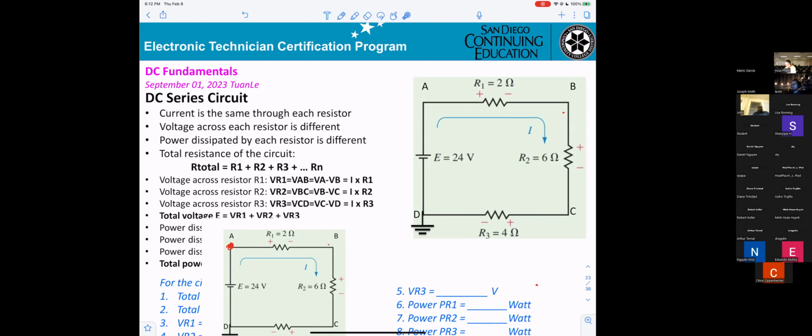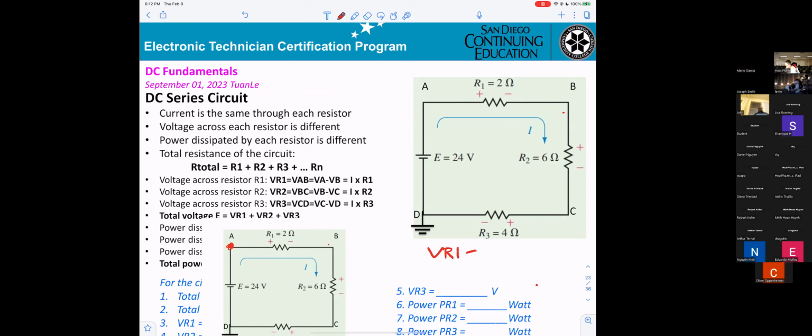So if you want to calculate the voltage across R1, that means from this side to this side, you're using I times R1. Very important thing for everyone to remember.